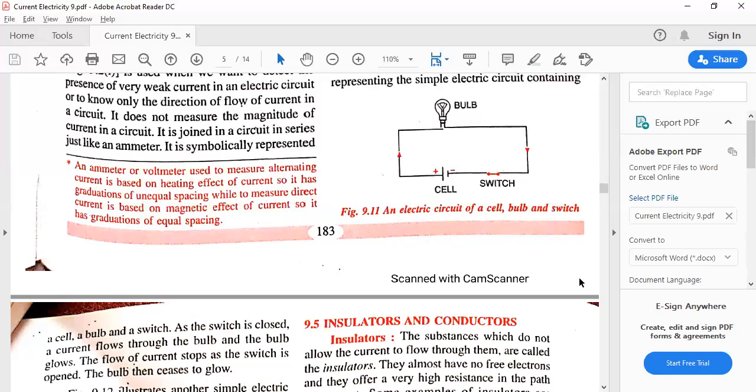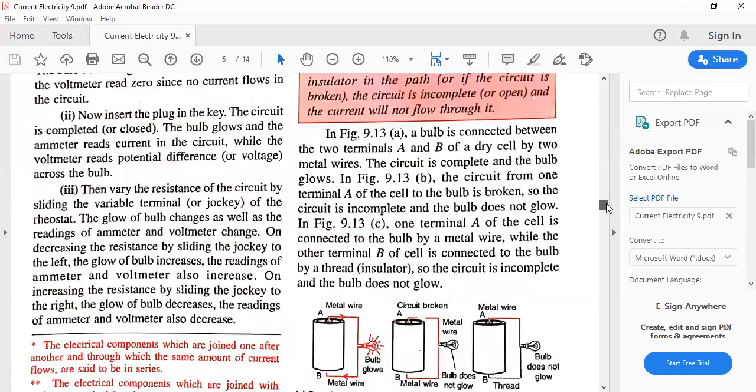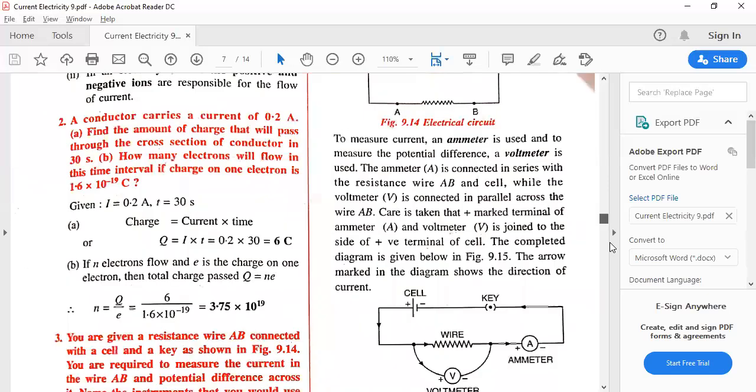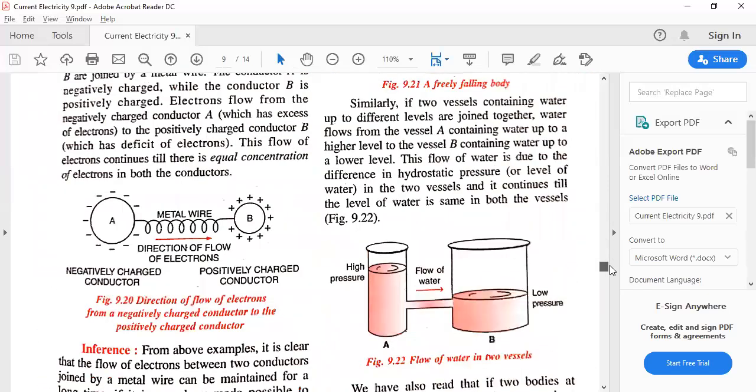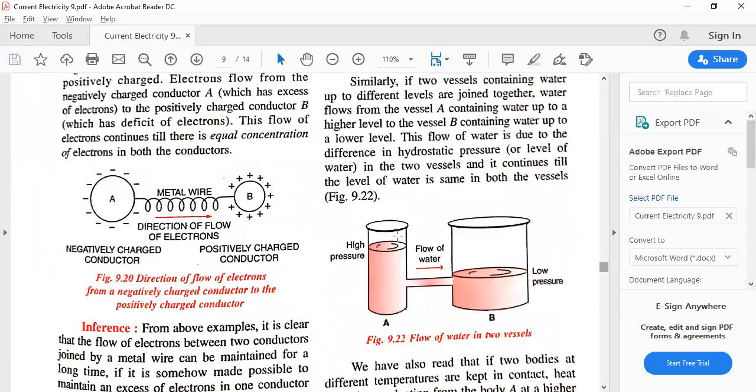Why do we need to do this? Now, if there are two vessels containing water at different levels, joined together, water always flows from vessel A, which has the higher level.